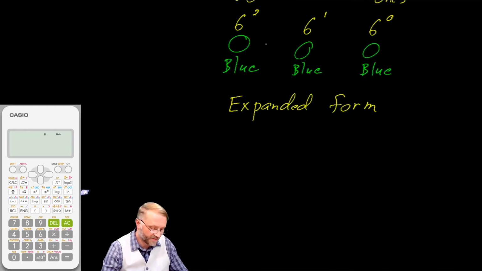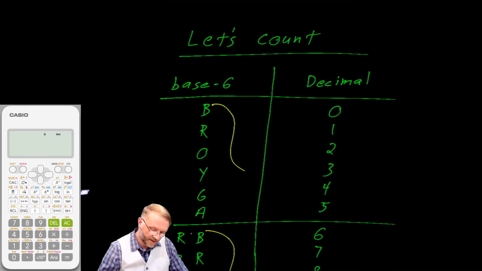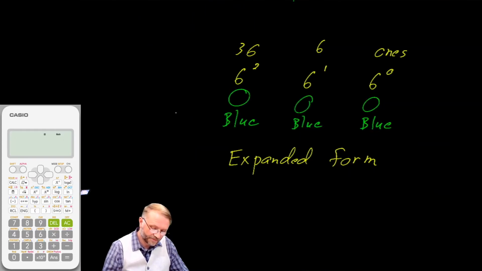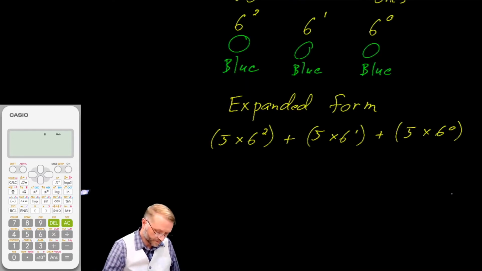In expanded form then, we'd go back here and we'd say blue is 5, so that would be 5 times 6 squared plus 5 times 6 to the first power plus 5 times 6 to the 0 power.